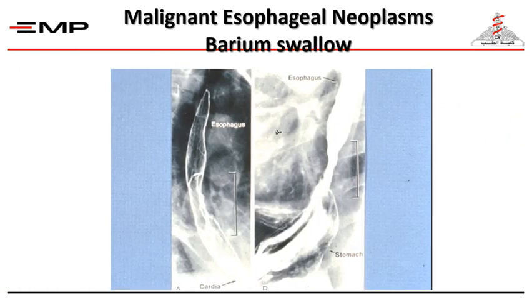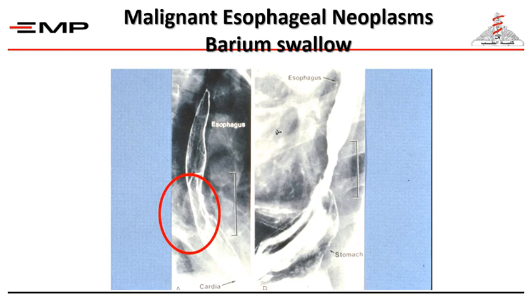Barium swallow is indicated for carcinoma of the esophagus to diagnose the site of the lesion, being in the cervical portion, thoracic portion, or in the abdominal part, and usually the tumors appear in the form of stricture.